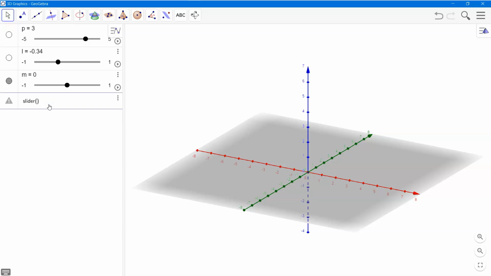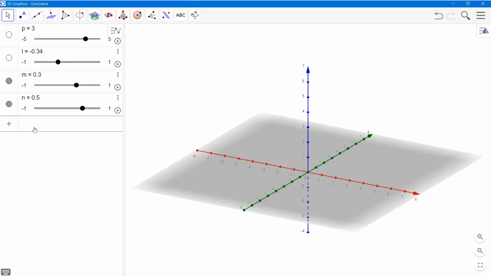Slider -1, 1, 0.1, and this again should be n, because conventionally we say l, m and n are the direction cosines. So that's the reason why we are doing this. Let's move this a little bit and see what happens.